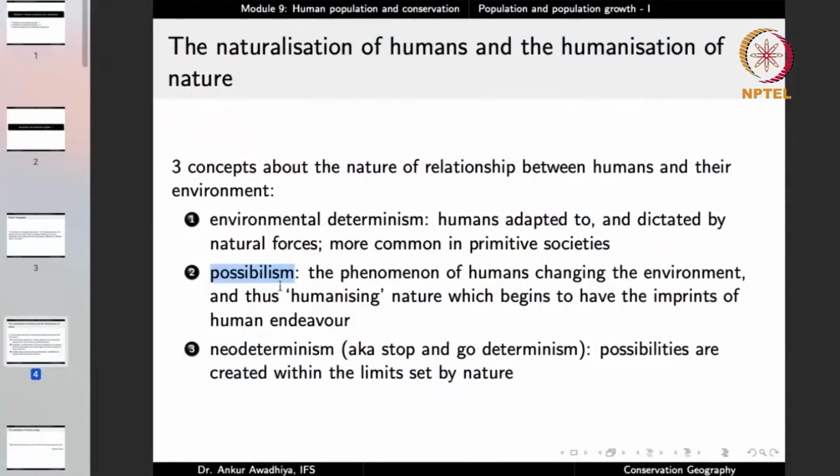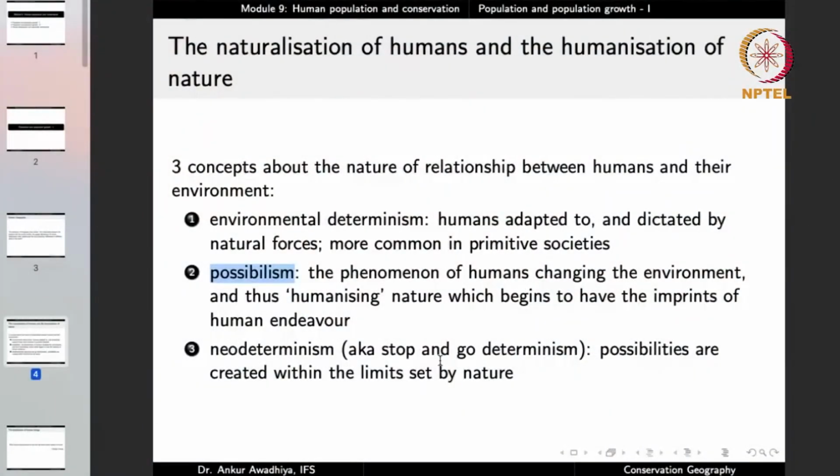So this is possibilism, that it is possible for humans to change nature, and in certain cases it was even said that it is the duty of humans to change nature, to dominate nature. And in this stage we started to observe large imprints of human activity over nature.